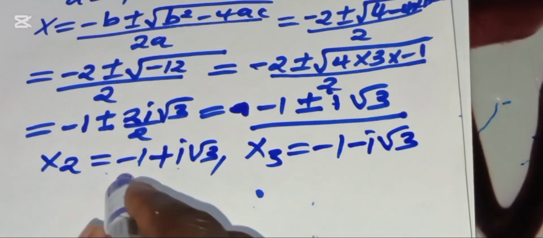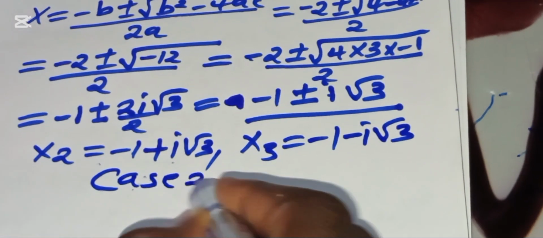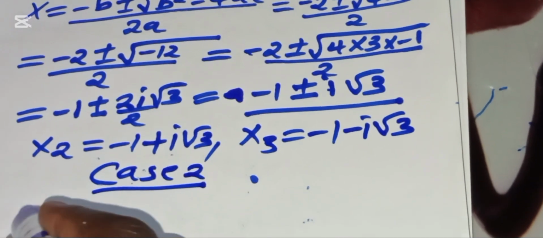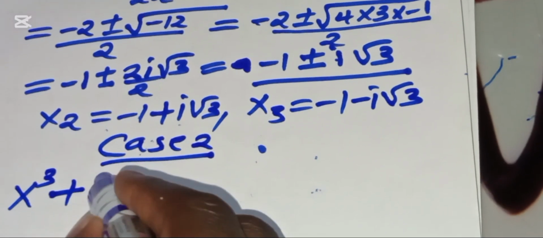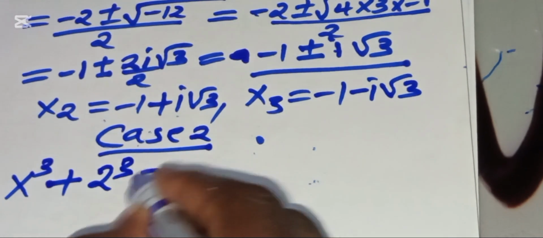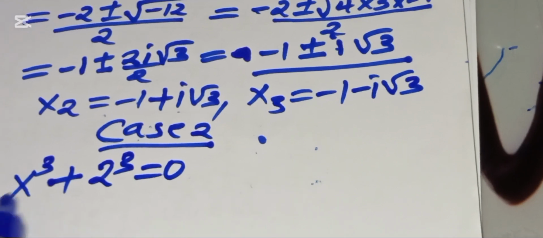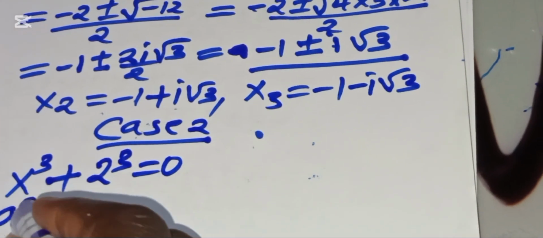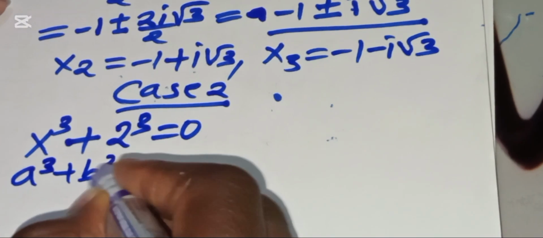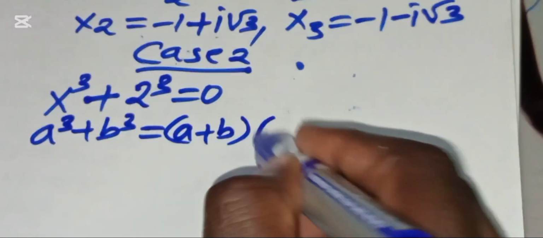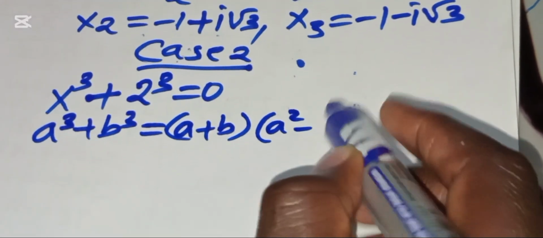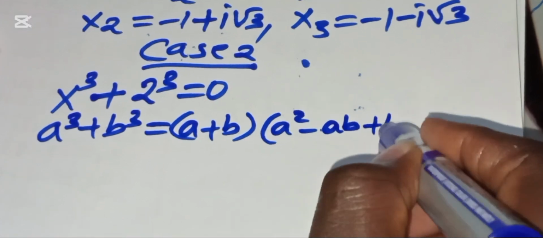Now let's solve case 2. For case 2, we have x cubed plus 2 cubed equal to 0. Now this is in the form of a cubed plus b cubed, which we can express as a plus b, a squared minus ab plus b squared.